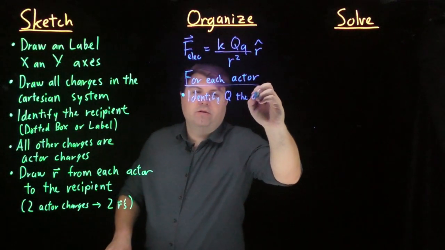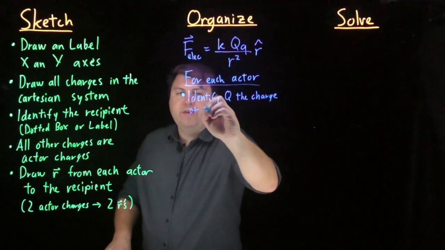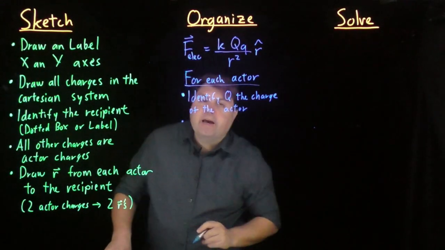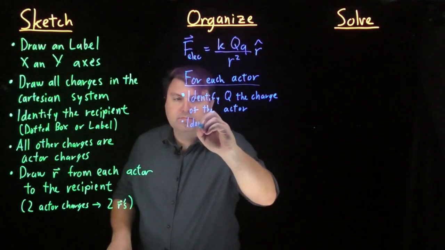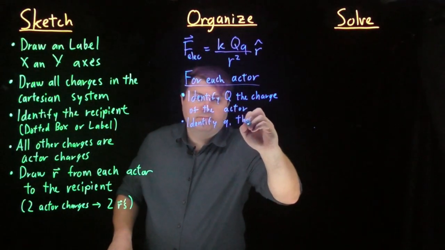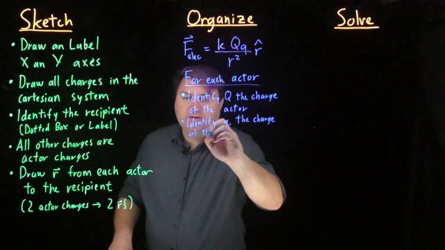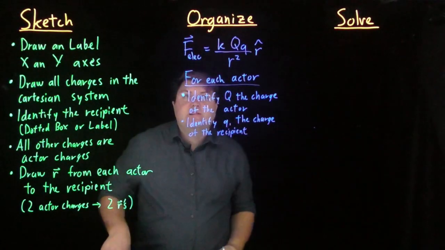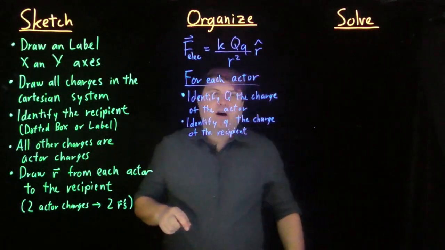So for each actor, we need to identify Q, the charge of the actor, and we need to identify little q, the charge of the recipient. Once we have this, our big problem is, of course, these r's.